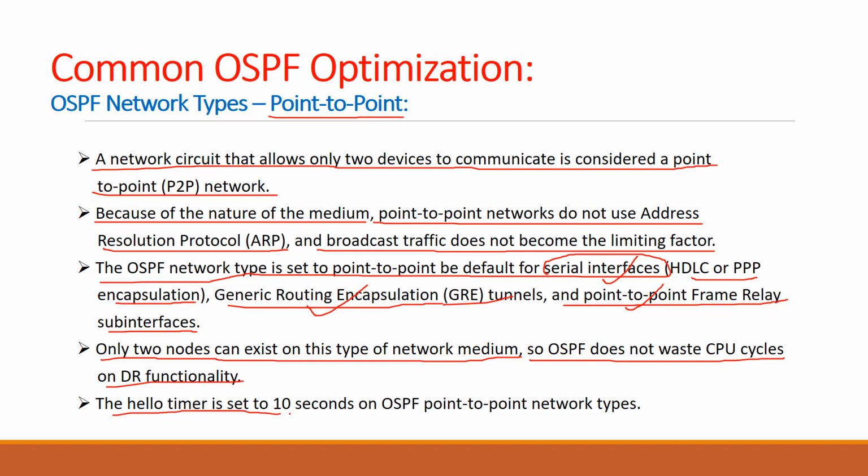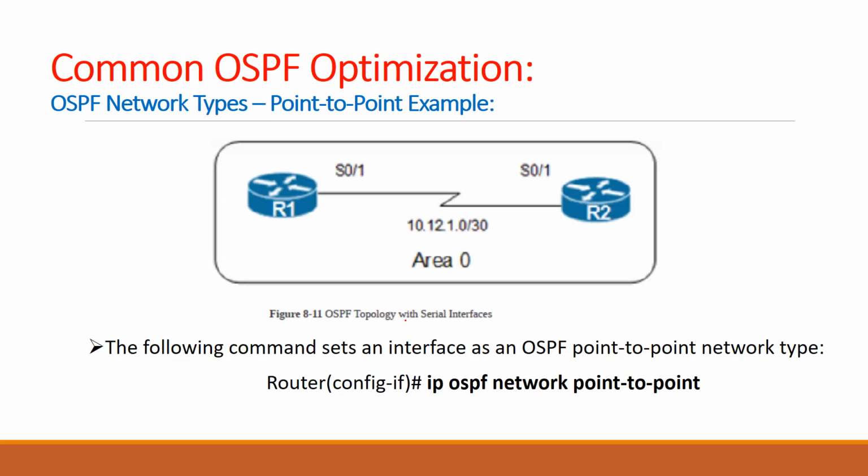The hello timer is set to 10 seconds on OSPF point-to-point network types. Last thing, the point-to-point example. The following command sets an interface as an OSPF point-to-point network type: ip ospf network point-to-point.